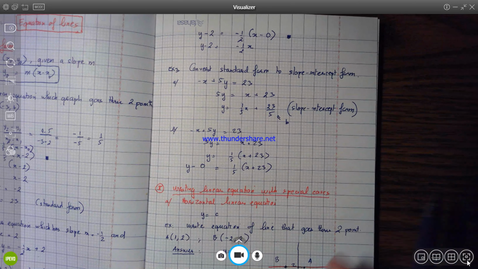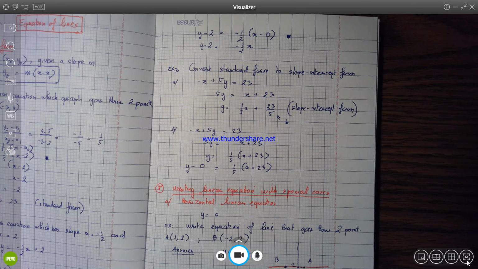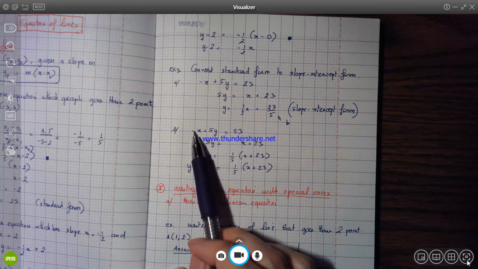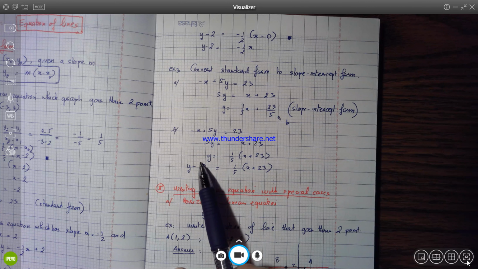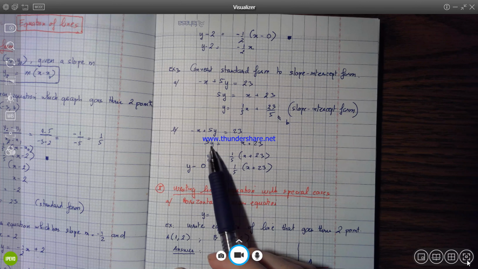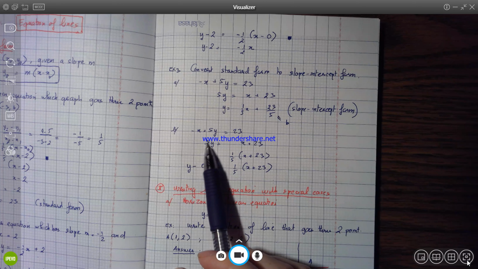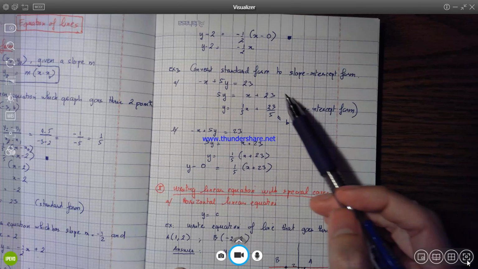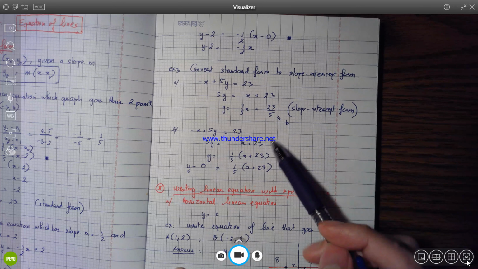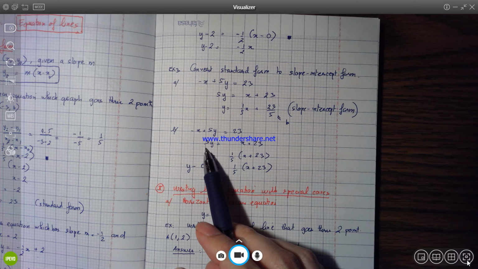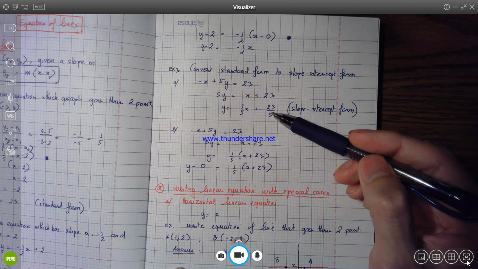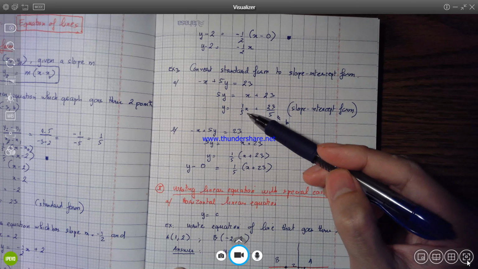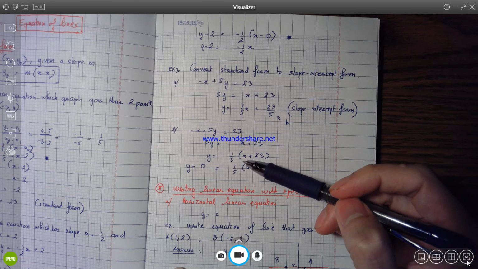You can also convert standard form to point slope form. You see that this is my standard form, right? The point slope form is y minus y0 equal to m times x minus x0. So you go ahead, you isolate the y and you move everything. This step is kind of the same, but instead of dividing each term by 5, I'm going to divide the whole thing by 5. So that's a little bit different from this. See, this one I divide each term by 5, but this one I divide the whole thing by 5.